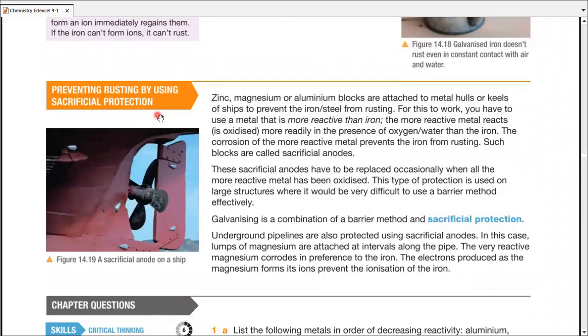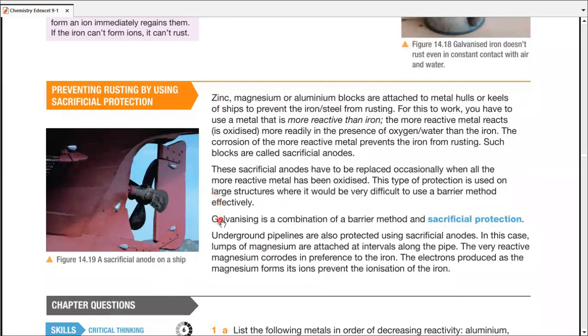Another technique would be sacrificial protection. Now, we sacrifice a more important or more reactive element just to keep iron safe. Zinc, magnesium, aluminum, these are all more reactive than iron from the reactivity series. And just to prevent iron from rusting, we can use any of these in the form of blocks. We commonly do it on ships, right?